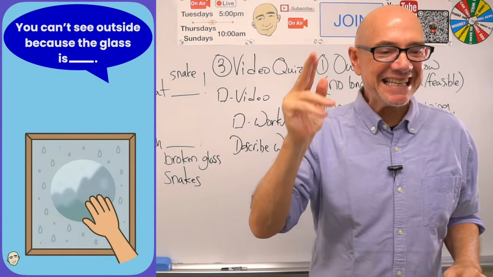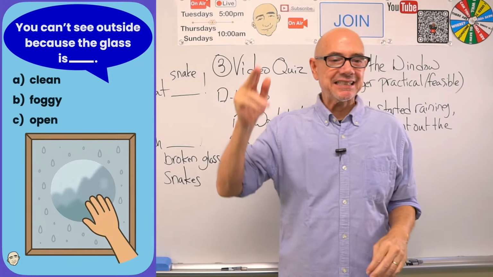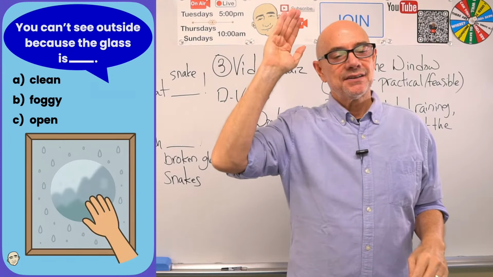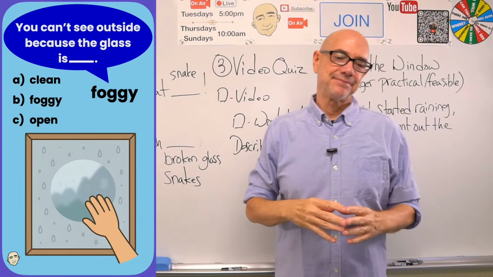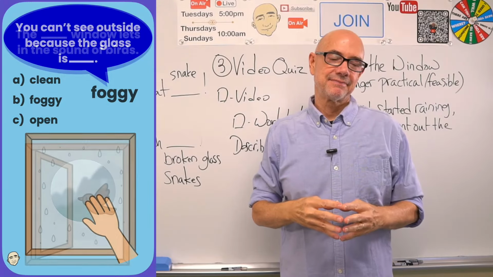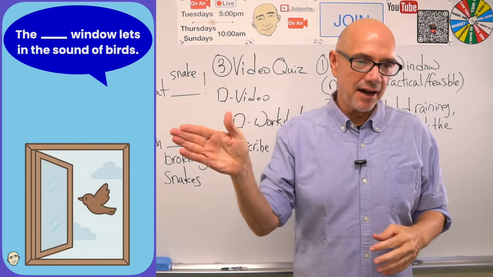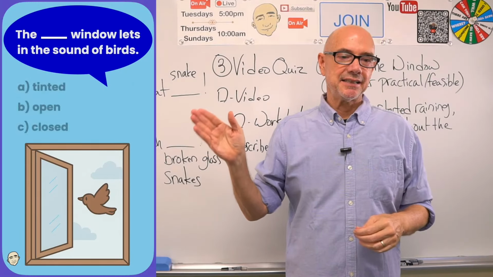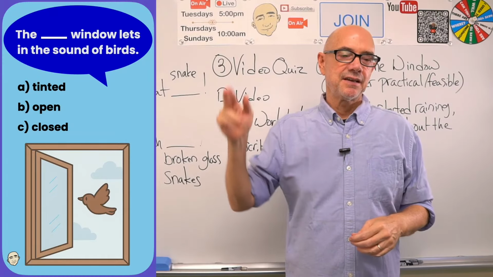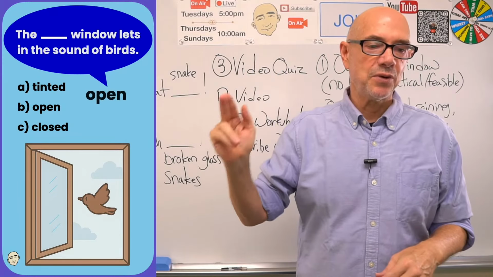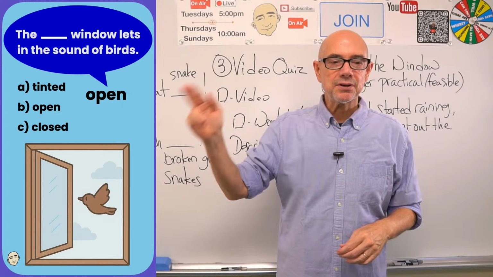You can't see outside because the glass is foggy. The open window lets in the sound of the birds.